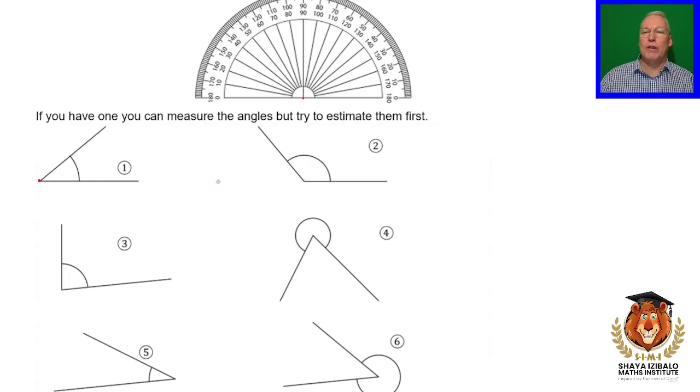Right, what we're going to do here is we're going to try and estimate these angles. Okay, let's see if we can guess what they are, remembering that a right angle is 90 degrees. Okay, this one here, so we're going to ask you to pause the video and we're going to see if we can estimate them. Just write down what you think the sizes of each of them are, and then we'll have a look.